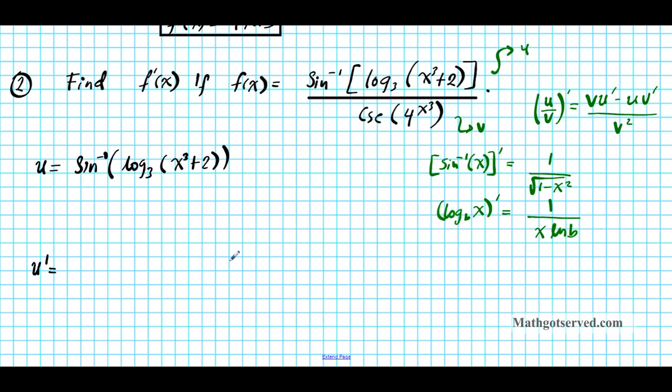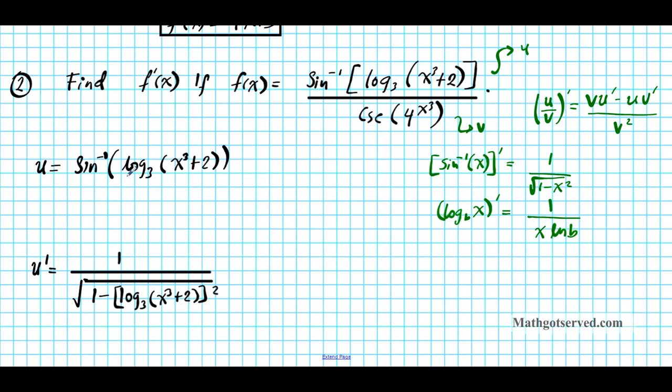We're going to have for u prime 1 divided by the square root of 1 minus u, in this case, squared, so 1 minus log base 3 of x to the third plus 2, squared. That's the derivative of the outer function.